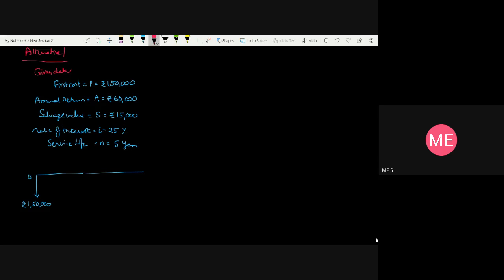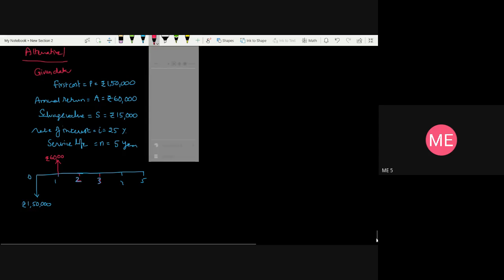Then at the end of the first year, there is an annual return, which is rupees 60,000. And at the end of the second year, third year, fourth year, and fifth year also.